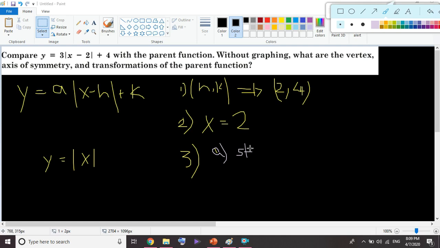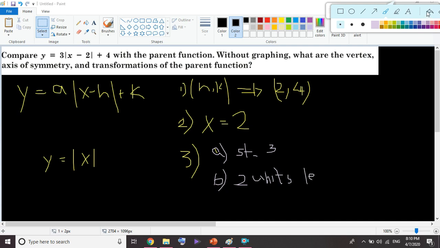a vertical stretch with a factor of 3. B, here we have minus 2, or actually 2 because the negative is already here, so it's going to be 2 units. There's a translation, 2 units to the left.